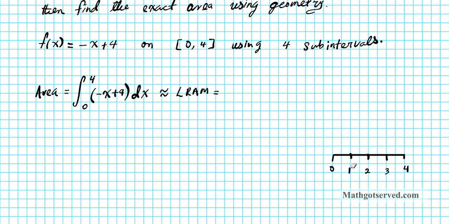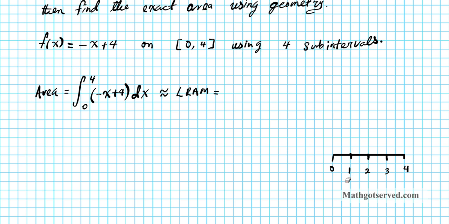This is nice because by just going by the units, we have 4 subintervals, so this is perfect. If not, we just have to figure out a way to divide the whole interval into the number of subintervals that is indicated in the problem.